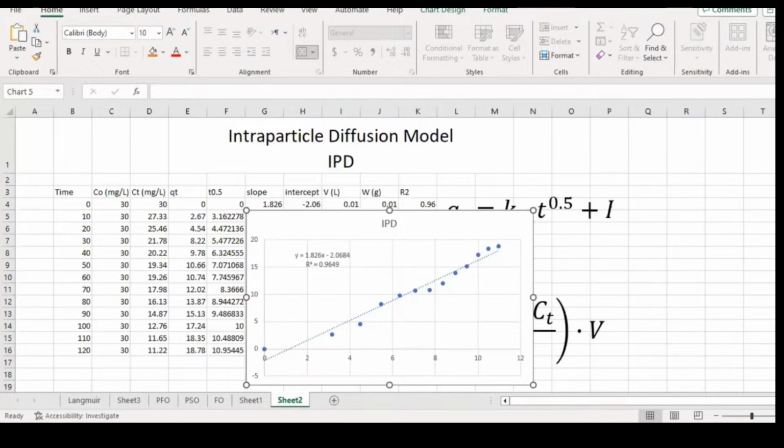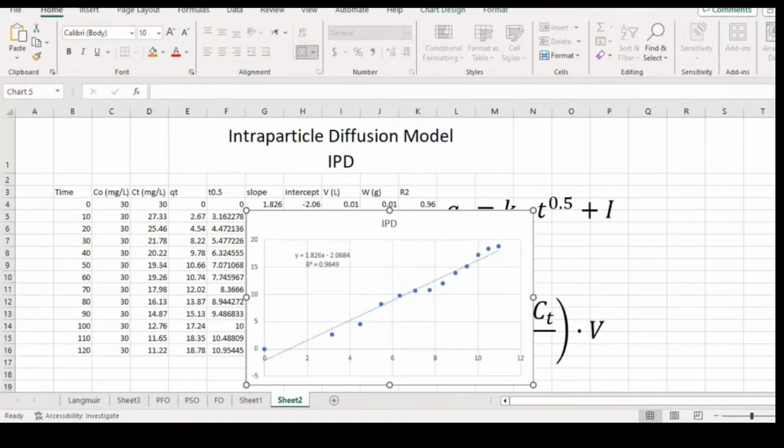I will explain film diffusion in the next lecture, but over here just understand that you can get a negative intercept value, and it can be explained by the combined effect of the film diffusion process and the reactions taking place on the surface of the adsorbent.